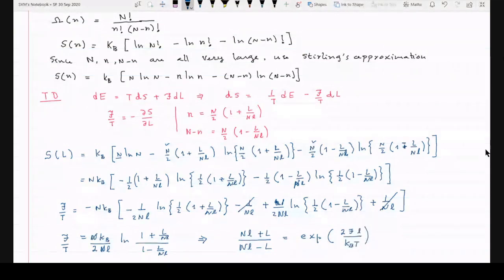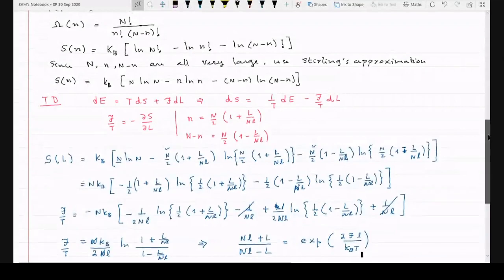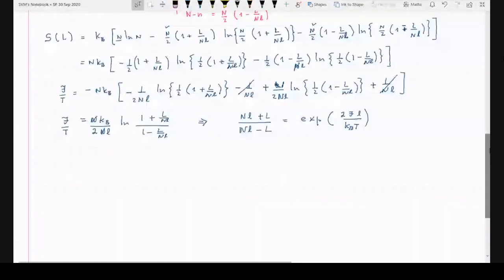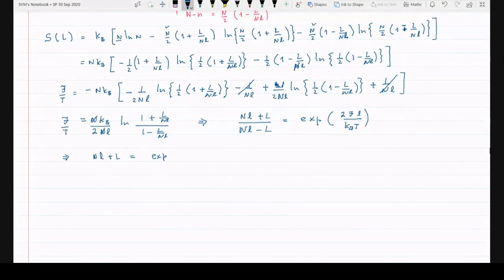So what is our aim? Our aim is to write L in terms of T. So this further can be simplified: NL plus L is equal to exponential of 2FL by kBT into NL minus L. So I take this L on the other side.